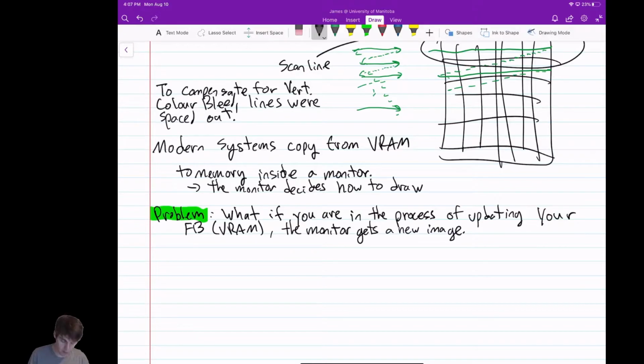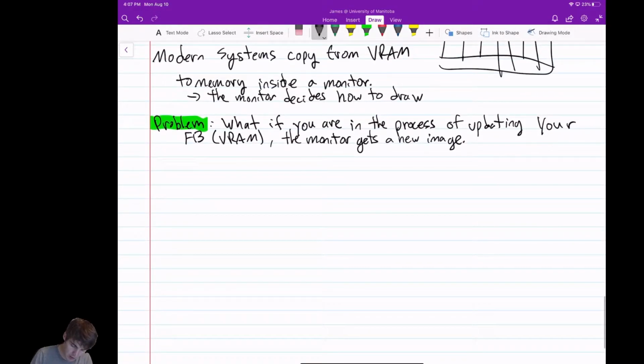Okay, so let me draw this out for you. This is your frame buffer, and you're updating it. Bam, bam, bam, bam. Right now, I'm going to annotate this. This is my new image, nice and sparkly.